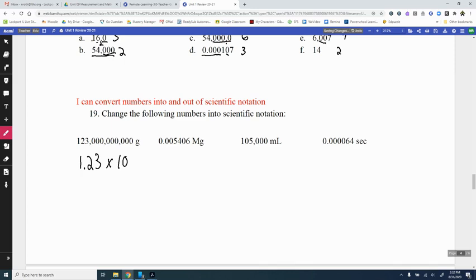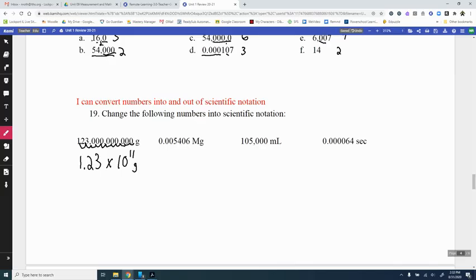Now we have to figure out how many places we move the decimal. Here's where the decimal is right now. We have to move it until it's there. So 1, 2, 3, 4, 5, 6, 7, 8, 9, 10, 11. We moved it 11 places, so that means it's times 10 to the 11th grams.